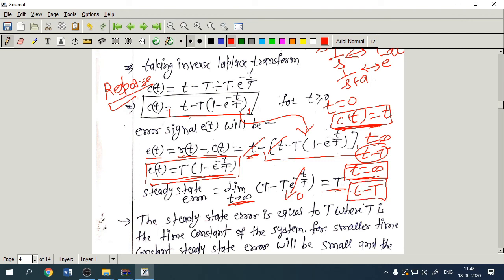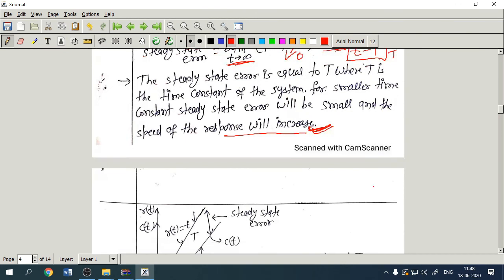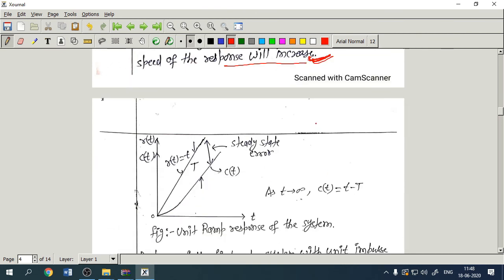That means the input is t and the final value is t minus capital T. Now the difference between t and t minus capital T is T. Now we'll plot this curve. Their input is t, and at t equal to infinity, the output is t minus capital T, right? Now the graph of t is a straight line passing through the origin. Now we'll plot t minus capital T, which is approximately curved, and at t equal to infinity it is a flat curve.